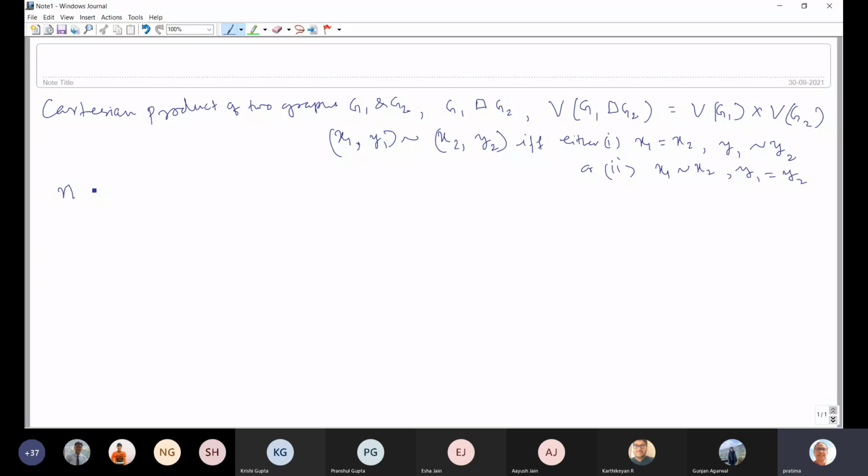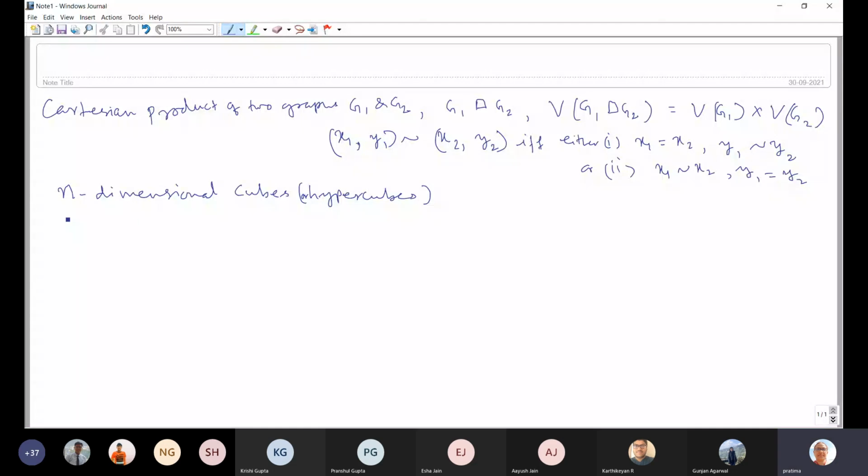But now we can define an n-dimensional cube for any n greater than or equal to 1. Both terminologies, cubes and hypercubes, are used.